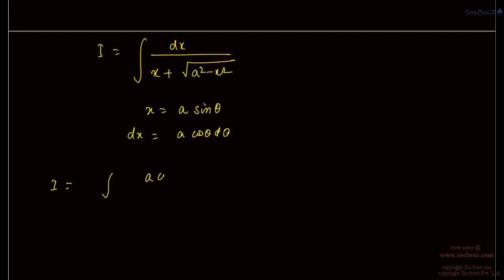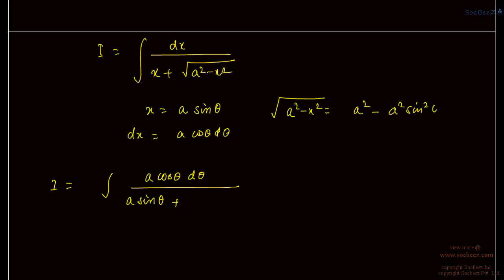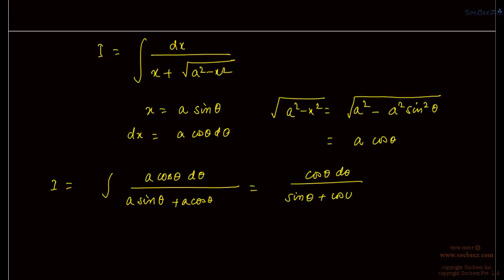In place of dx I am writing a cos theta d theta. In place of x there is a sin theta, and in place of a square minus x square, root under a square minus a square sin square theta is equal to a cos theta, right? So we have a cos theta. Now a will get cancelled, so we have the integral of cos theta d theta upon sin theta plus cos theta.